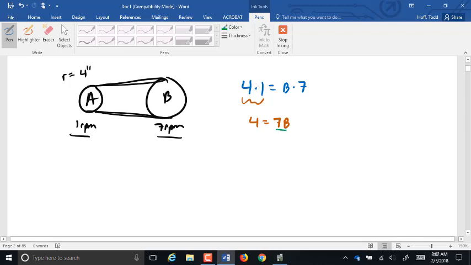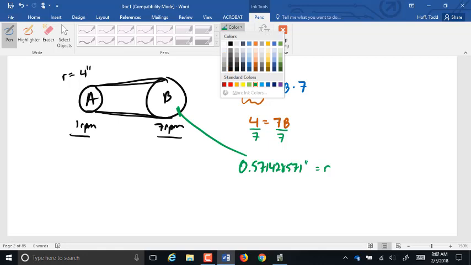And we divide by 7, which is going to give us 0.571428571 approximately inches radius. Approximately. Any questions?